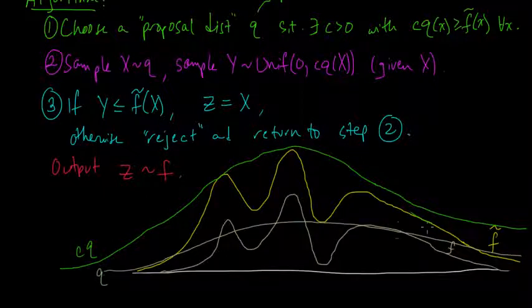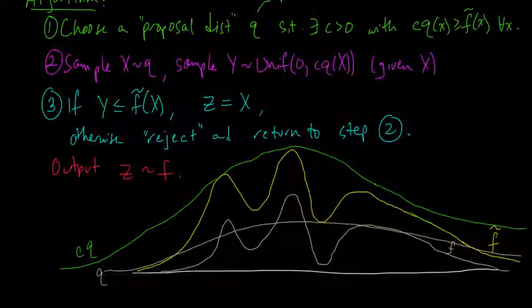Okay, so we've drawn the picture, and now let's think about what the algorithm is doing. So we had our f. What we get is actually f tilde, this yellow, maybe crazy sort of thing. We chose q, and then we figured out what cq needed to be. And now we're ready for step 2.